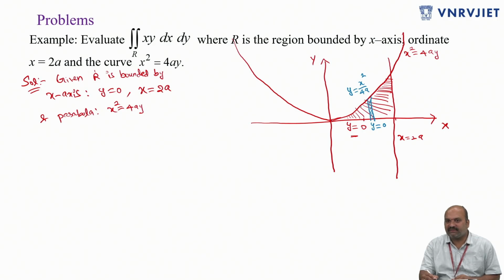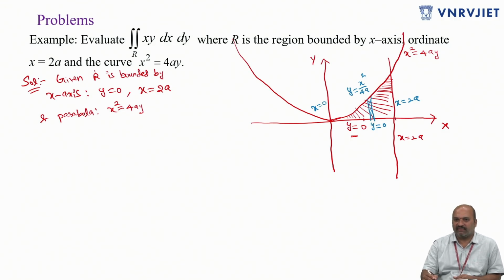So to cover this region, this strip has to move from the line y-axis, that is x equals 0, to the line x equals 2a. So those are the x limits. This is the way to identify the y and x limits. Now I am writing the limits in blue color.